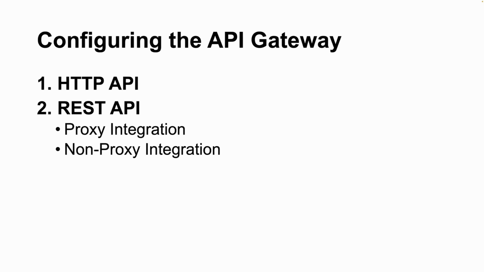So as discussed on the last part with the features of the Amazon API Gateway, we can invoke Genesys Cloud APIs using two types of API gateway. The first one is the HTTP API, and the second is the REST API. There are a lot of differences between the two.